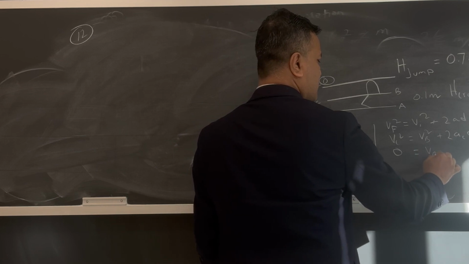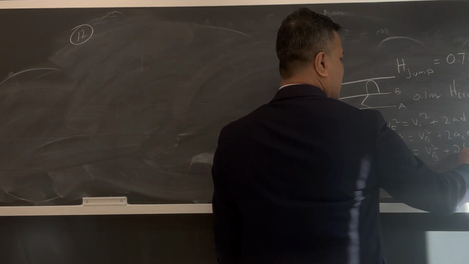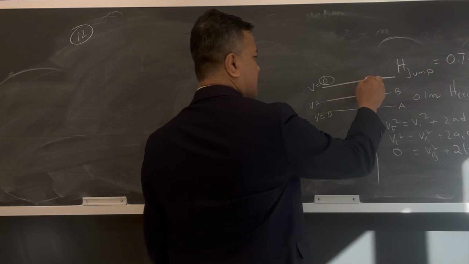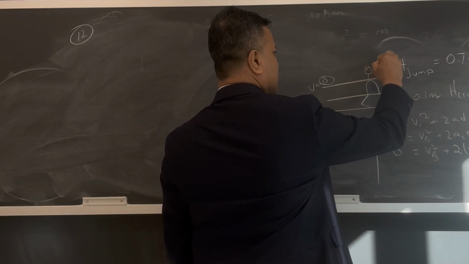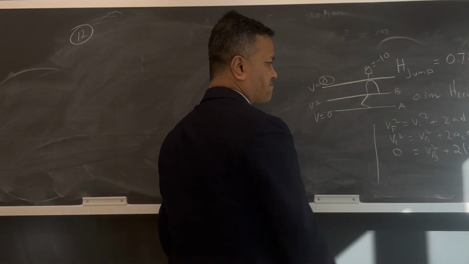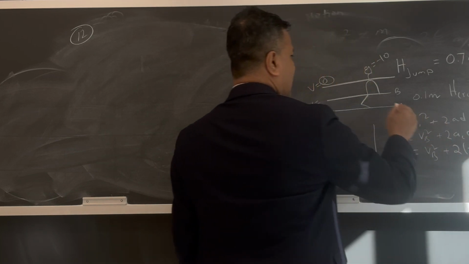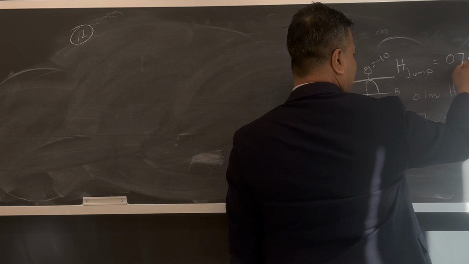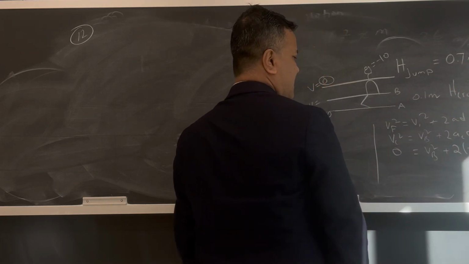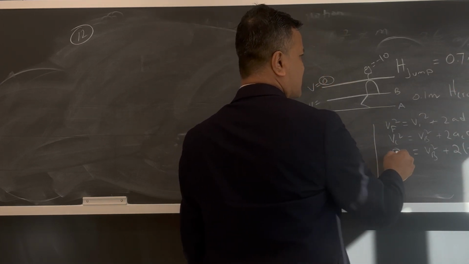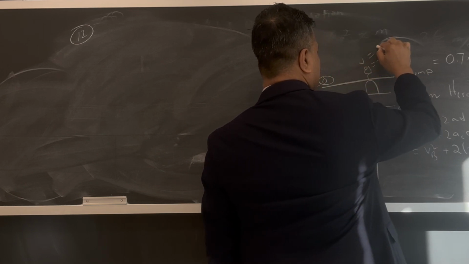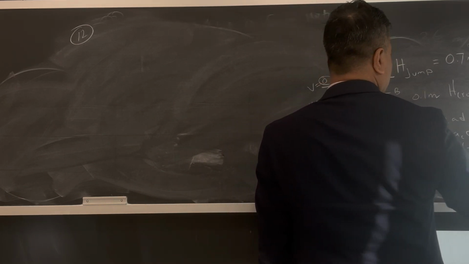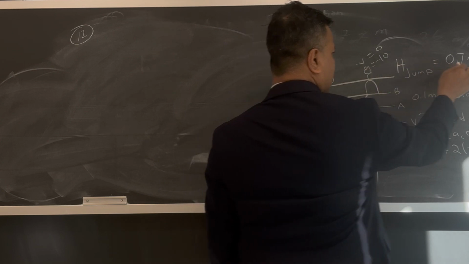This one you're trying to find, and this one is negative 10 because acceleration due to gravity is negative 10. Over here, when the jump height is 0.7, the velocity is 0.